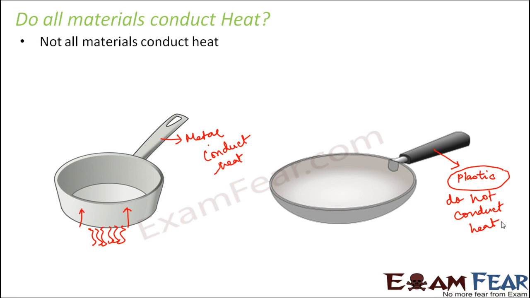Based on which materials conduct heat and which do not, we can classify materials into two types, conductors and insulators. The name defines itself: conductor, something which conducts heat. Insulators are like poor conductors. They do not allow heat to pass through them easily.